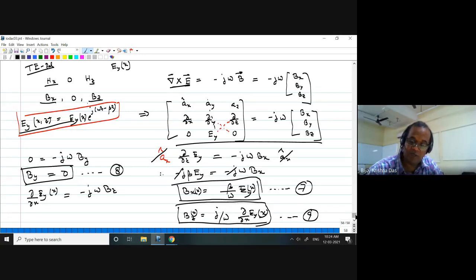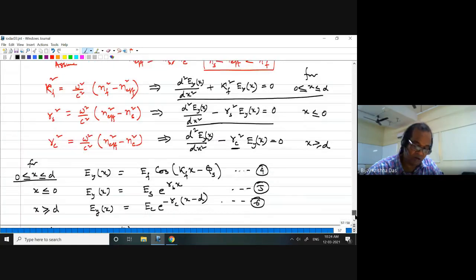Now we have the equations here. Ey is already defined for 3 zones. So for 3 zones, I can find out bx and bz, right? So bx is normally proportional to whatever the value of Ey is there, and for bz you have the derivative, right?